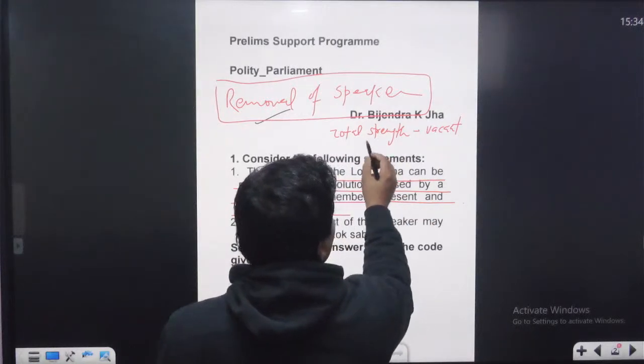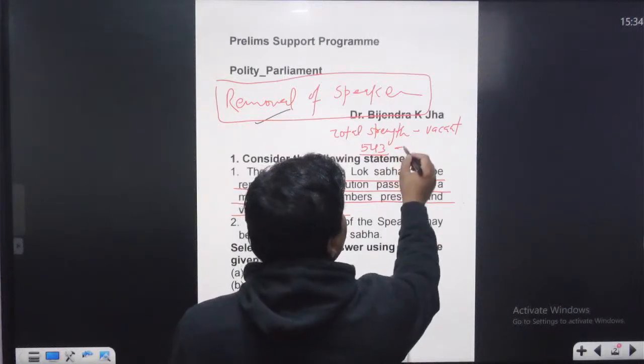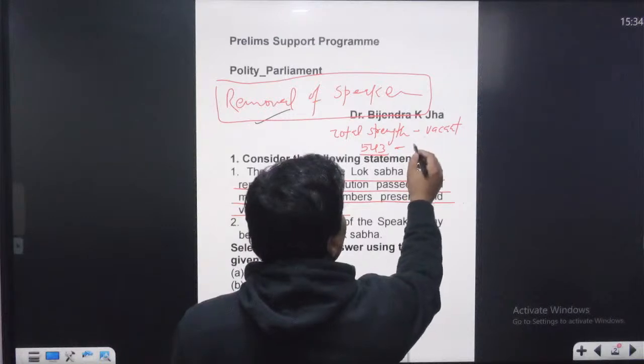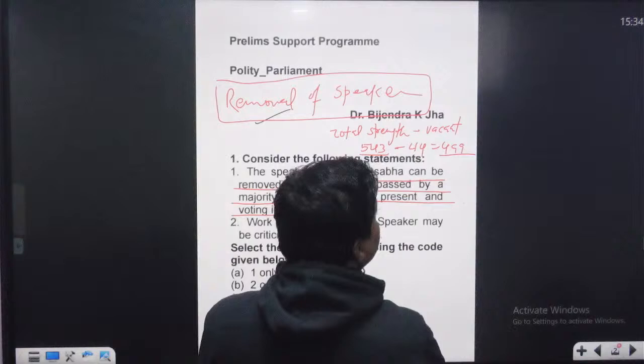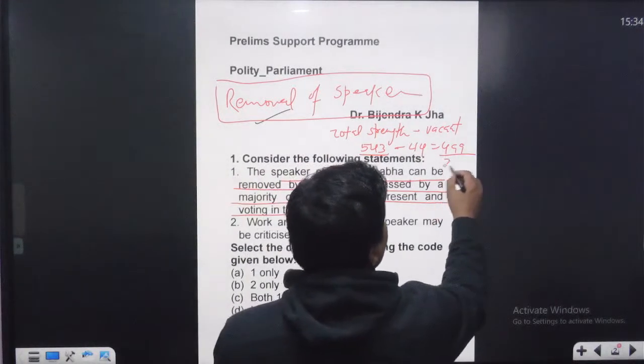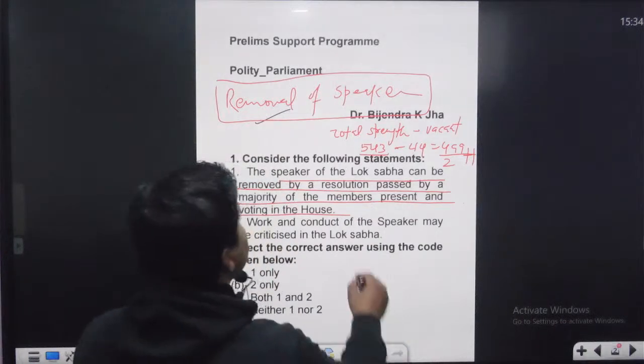For example, consider there are 5 vacant seats; the total is 499, so you have to just take 52 plus 1. So this is not correct.